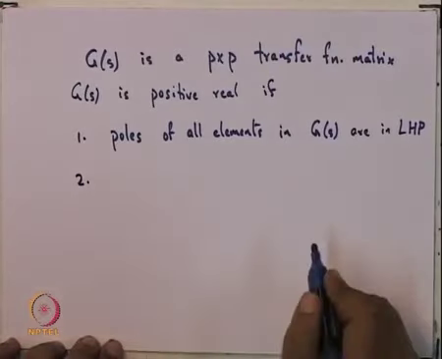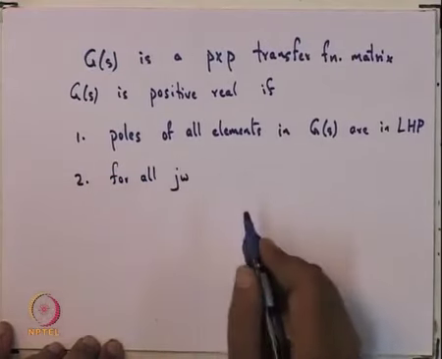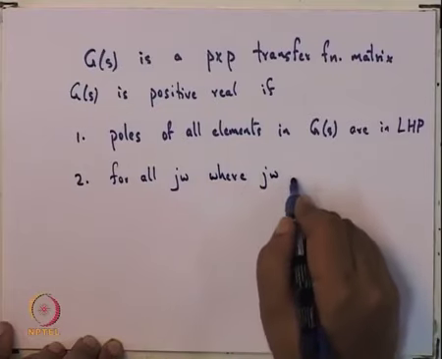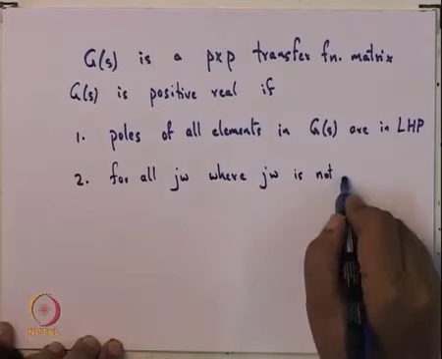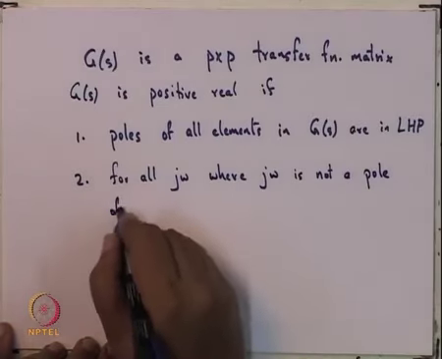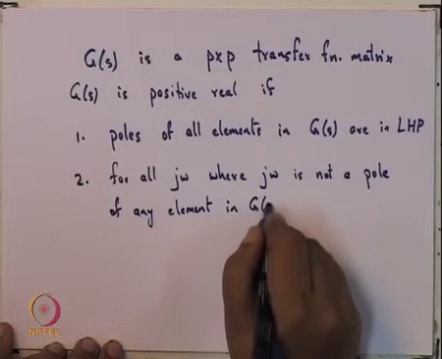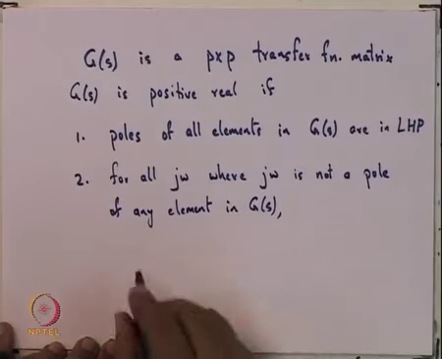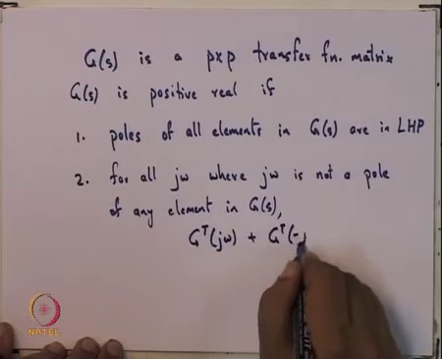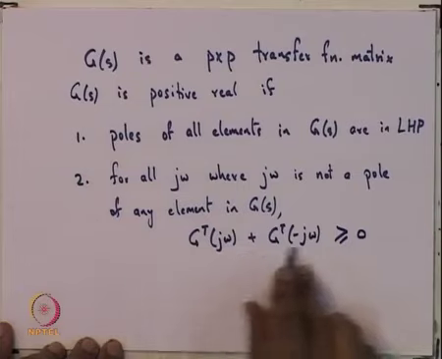And the second condition is that for all j omega, purely imaginary values, where j omega is not a pole of any element in G of s, G transpose of j omega plus G transpose of minus j omega is a positive semi-definite matrix.